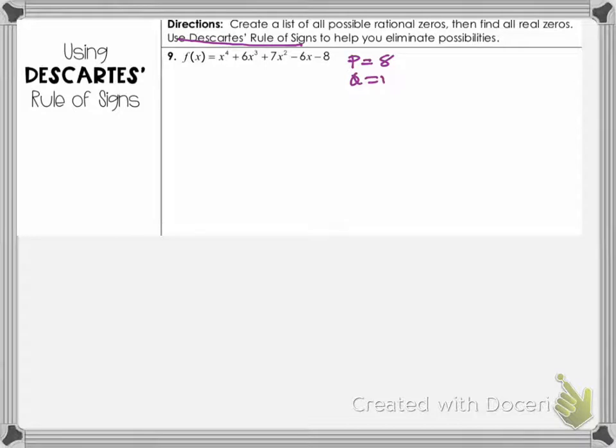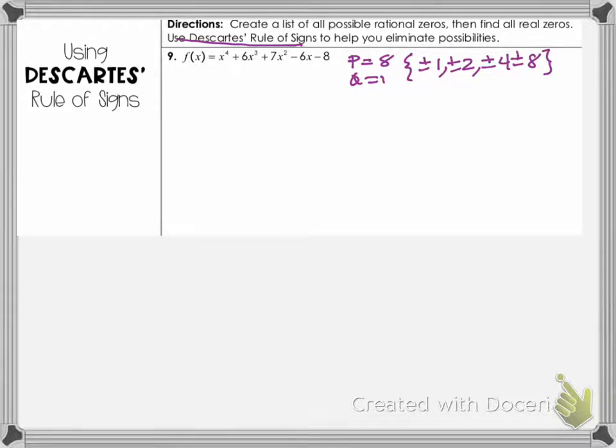So that's nice. Q equals 1, so I can just do what 8 would be. My P over Q would be plus or minus 1, plus or minus 2, plus or minus 4, plus or minus 8. So that's 8 things I would have to try. But let's see if Descartes' rule of signs helps me.